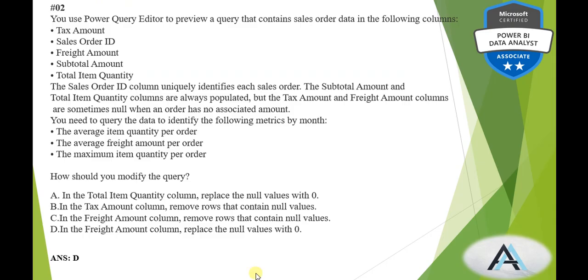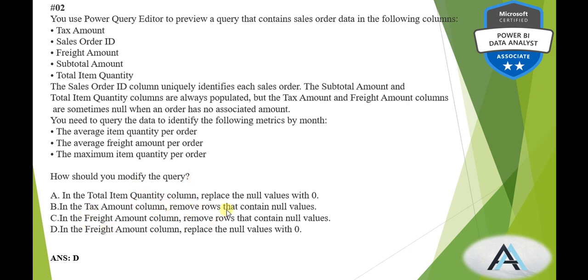Coming to the options, you can easily eliminate the unwanted ones. Total item quantity column, replace the null values with 0. Here they didn't mention total item quantity has nulls, so you can remove this. Second option, tax amount, they mentioned nulls, but here they said we can remove the rows, and removing rows is not an effective option because it will affect the remaining data, so eliminate this also.